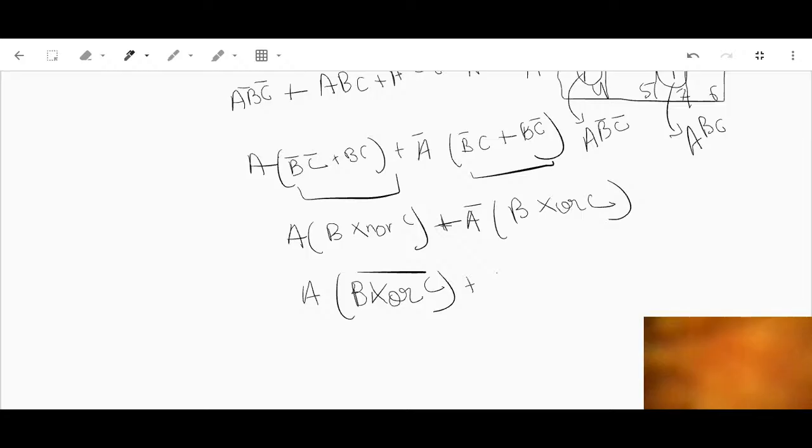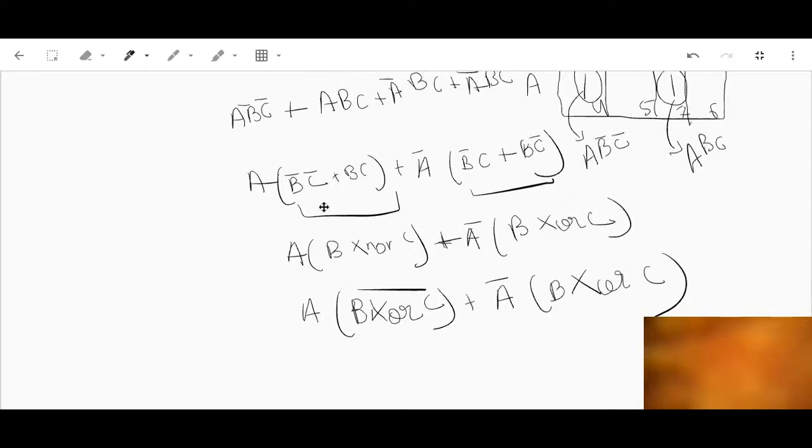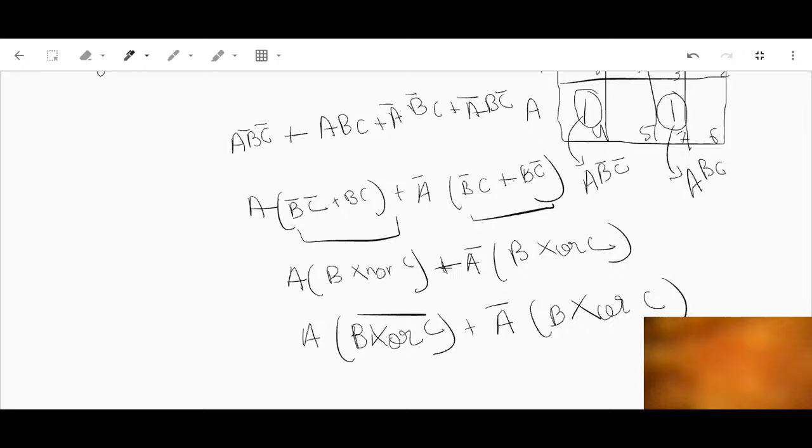Okay, so if you write like that, A bar B XOR C. So if you just see here, B bar C plus B C bar, it will be forming an XOR gate, because we know that if the first input has a bar and the second does not, then it is added to the second one, which will have opposite signs to the first, so it is called an XOR gate.